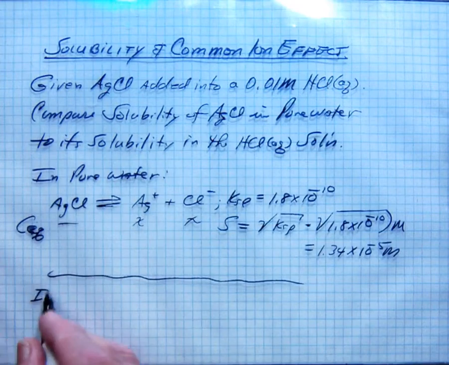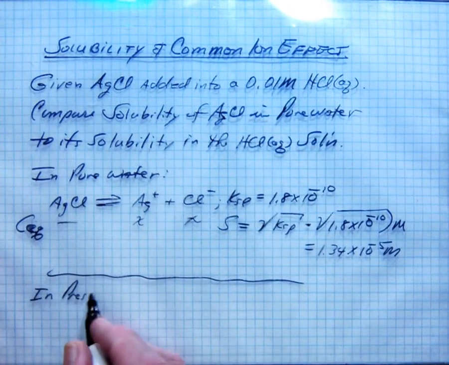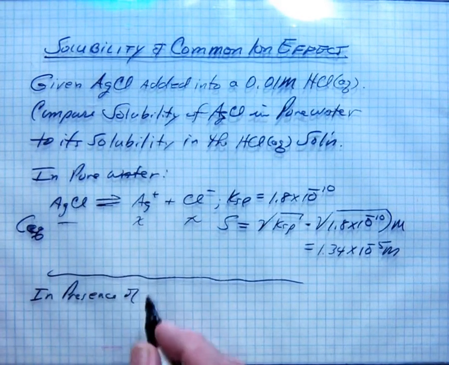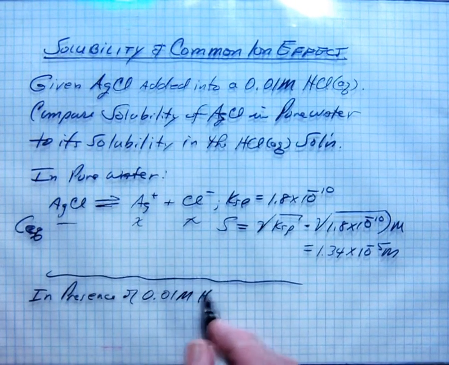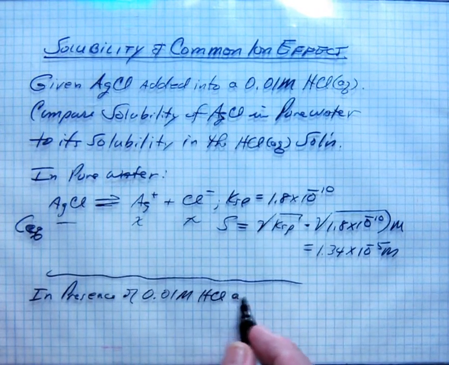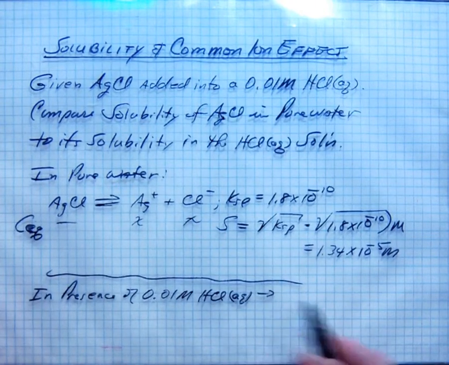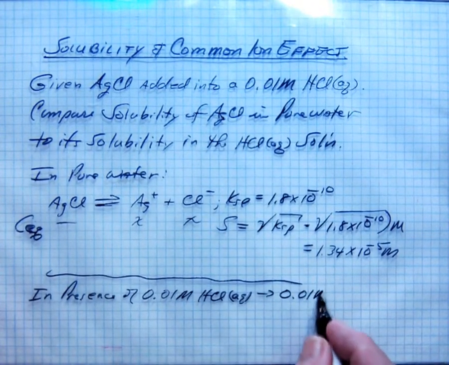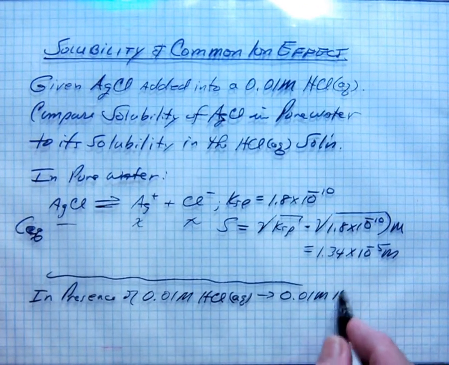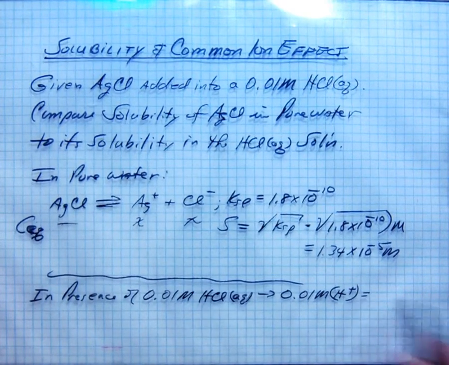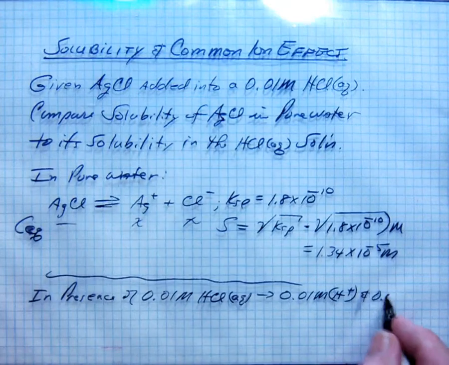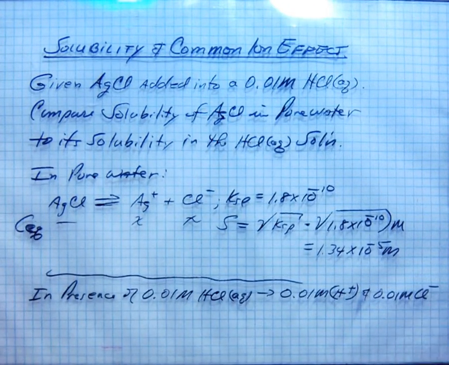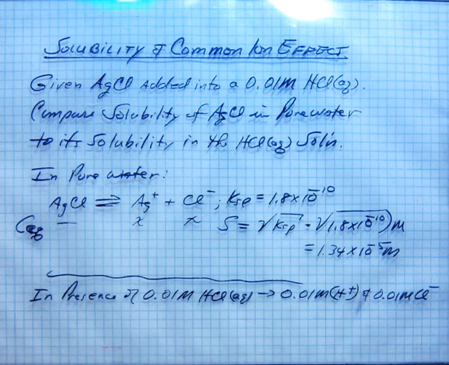Okay, in the presence of 0.01 molar HCl aqueous, which will give you a 0.01 molar hydronium ion, which equals 0.01 molar chloride ions in the system.